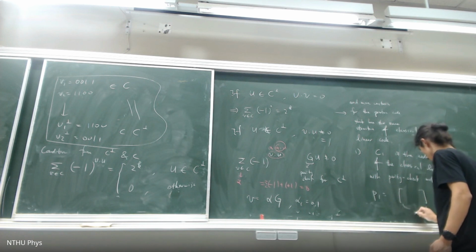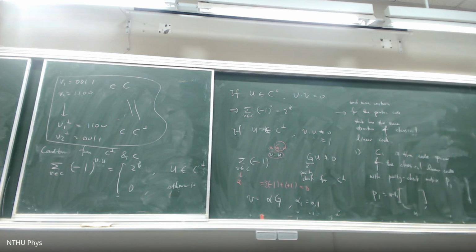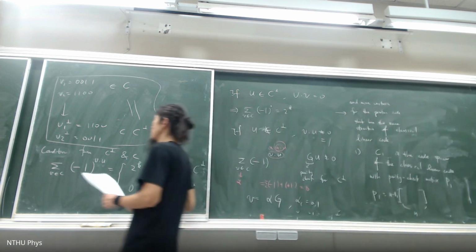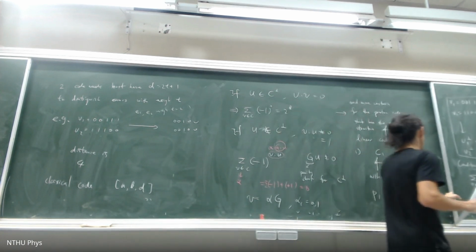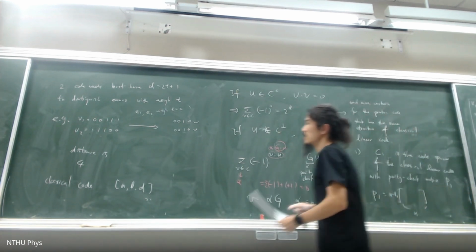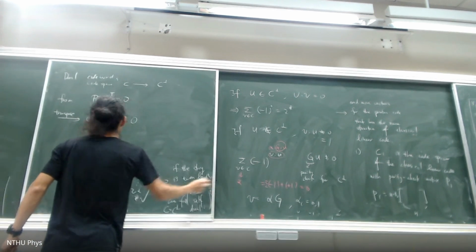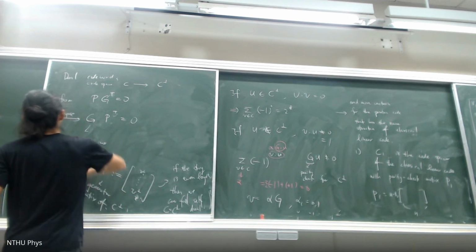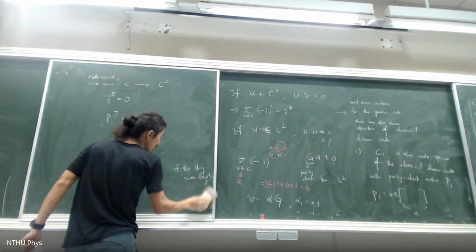This is n, and this is n minus k1. I want to find a subspace of this C1, which is also characterized as a classical linear code. So the idea is that I want to encode another code space in this C1 code space.